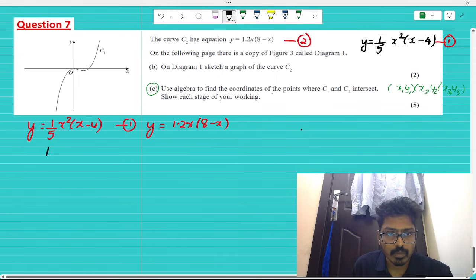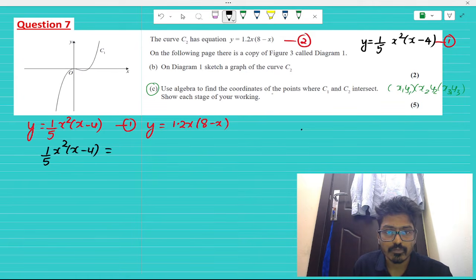So 1 over 5 x squared times x minus 4 is equivalent to 1.2x times 8 minus x. Let us multiply this. This will be x cubed minus 4x squared, which is equivalent to this.